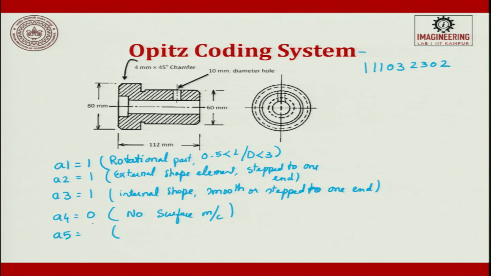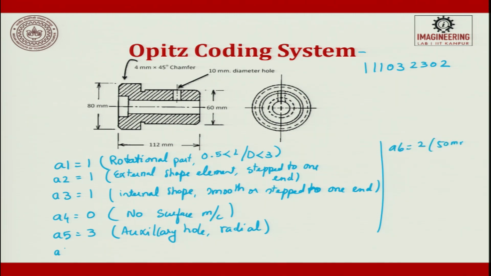A5 is 3, which talks about auxiliary holes, radial. A6 is 2, which talks about 50 millimeter diameter D. Then A7 is equal to 3, which is material mild steel, MS.